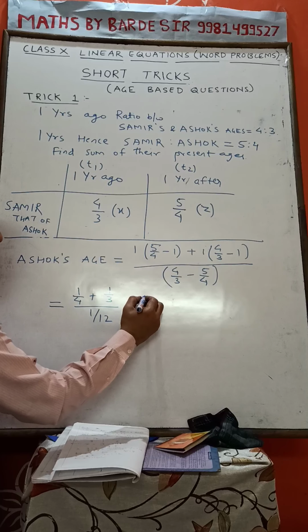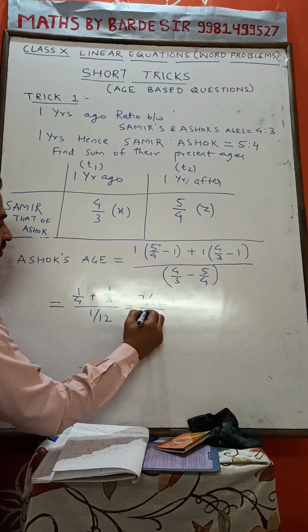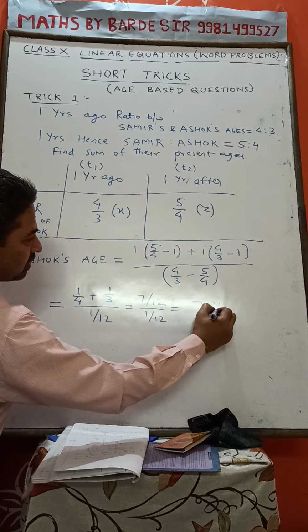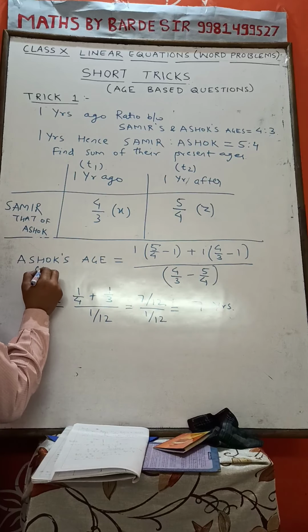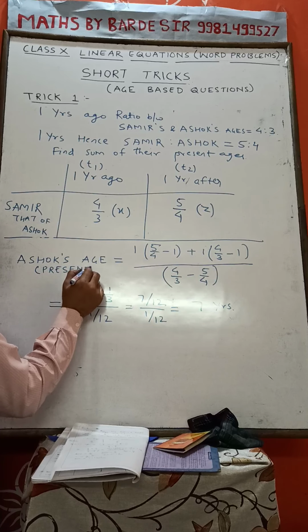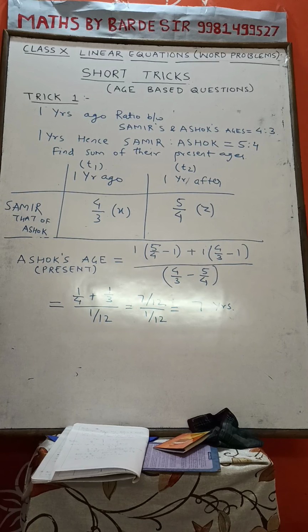So here it is 7/12 upon 1/12. So that is 7 years. This we have obtained, Ashok's present age.